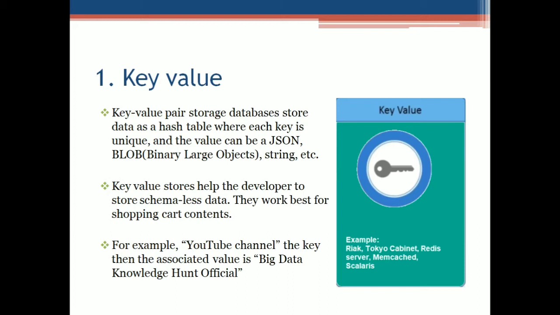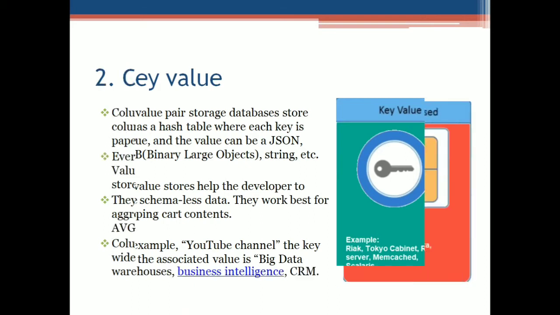So here YouTube channel is the key, whereas Big Data Knowledge Hunt Official is the value. This is an example of key value pair. There are different key value pair based databases such as Tokyo, Redis, then Scalaris. These are some of the names of the key value based NoSQL databases which are not used widely.